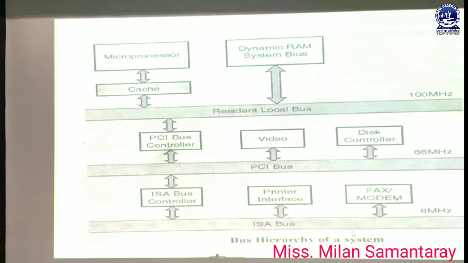So you can imagine the operation in the ISA bus is the slowest as compared to this PCI bus, and the PCI bus is slower than this resident local bus. And to transfer the data from this ISA bus to the PCI bus, there is an ISA bus controller, and then there is one printer interface circuit connected to this type of bus, and also a fax modem. So basically this PCI bus is used to connect the peripherals, that is our video and the disk controllers.